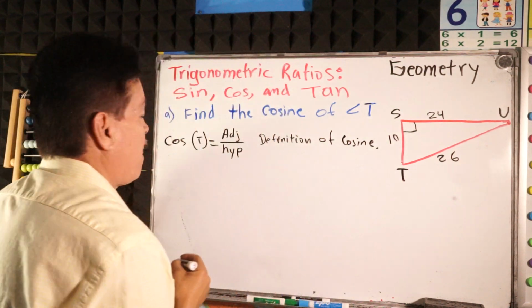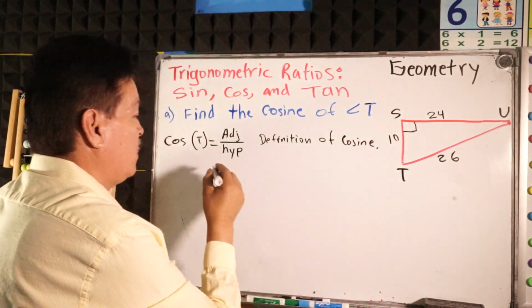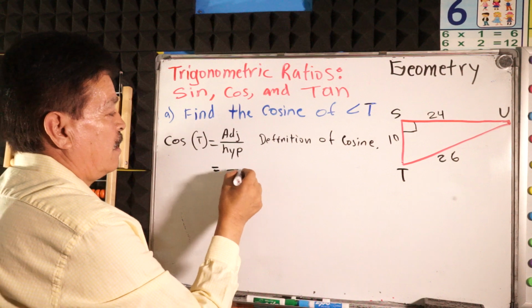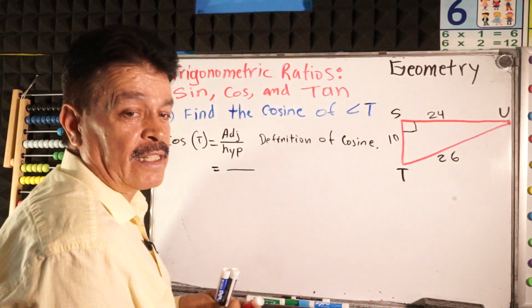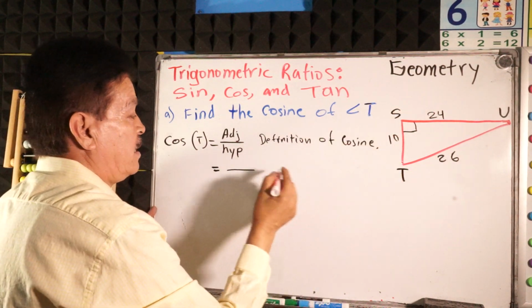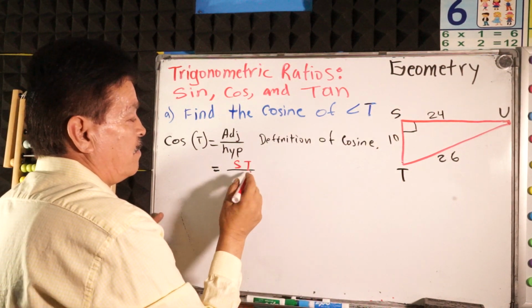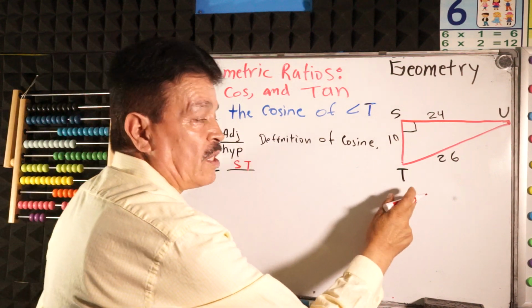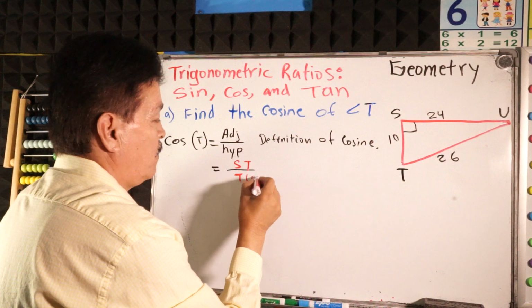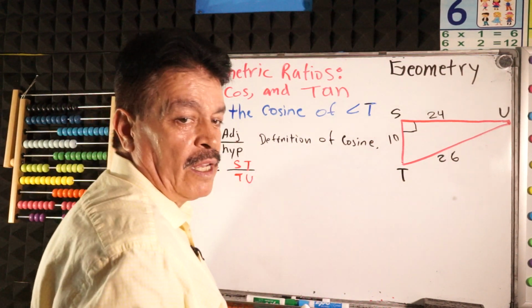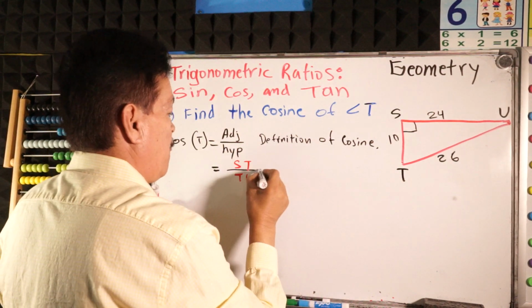Next step, substitute the letters. Here the adjacent side is ST and the hypotenuse is TU. So here we substitute.